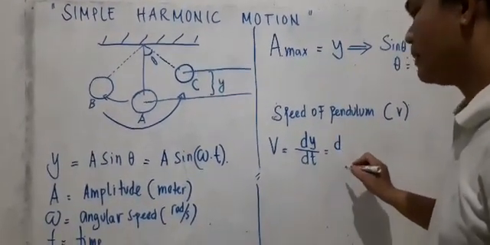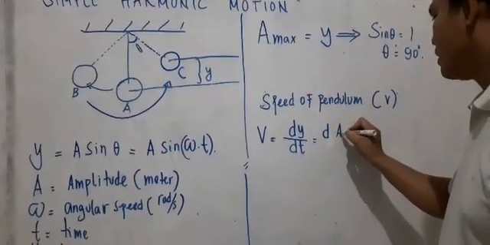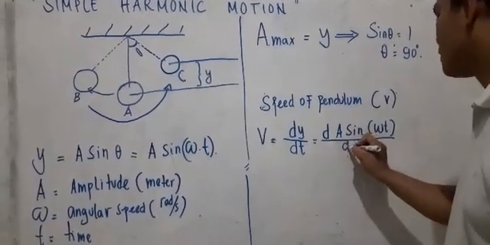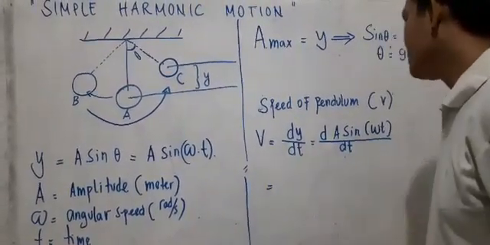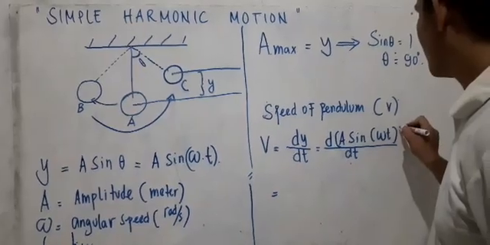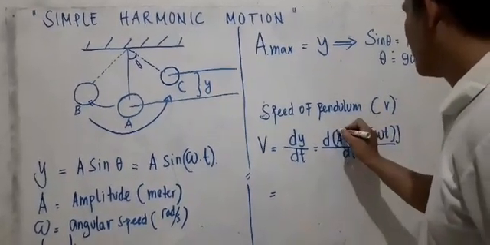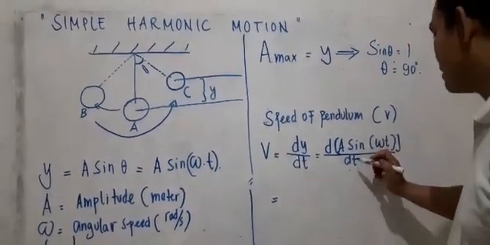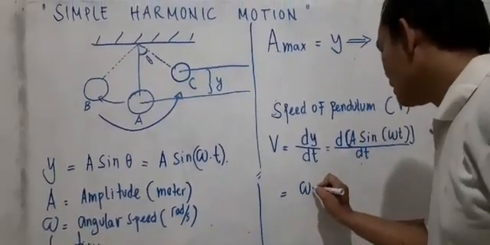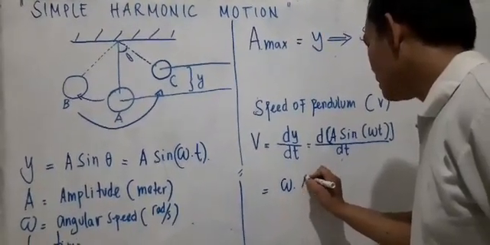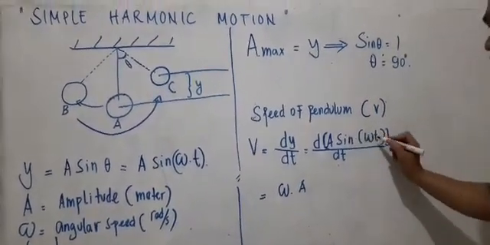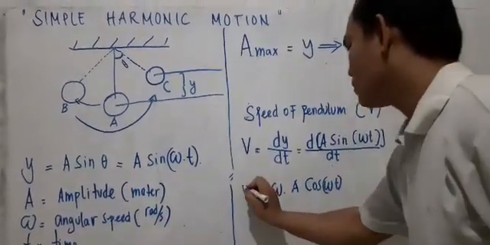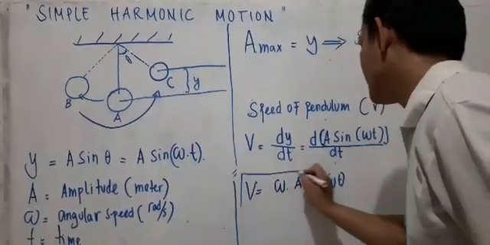So we differentiate A sin omega t with respect to time: it will be omega times A times the differential of sin omega t, which is cos omega t. So the v is this.